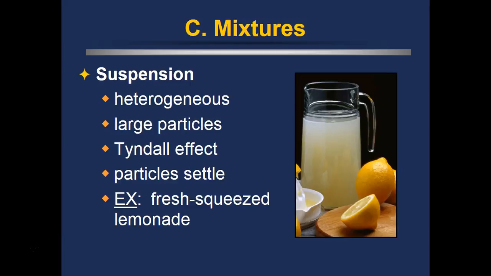And then a suspension goes one step further. Heterogeneous, large particles, you can see them sometimes. It does scatter light, and for example, fresh squeezed lemonade, if you let it settle, you can see the differences between the water and the other components that make up the lemonade, like the sugar and the lemon juice.